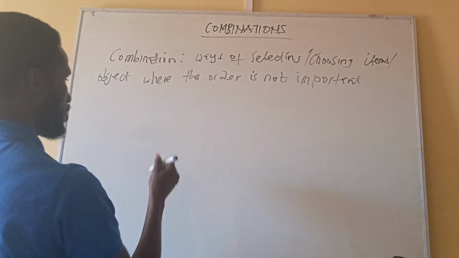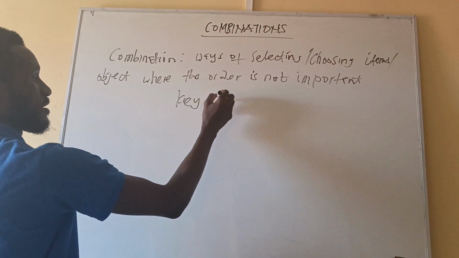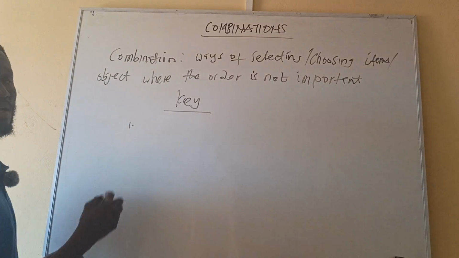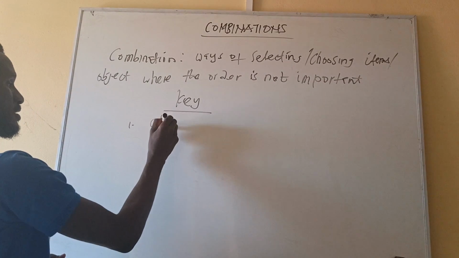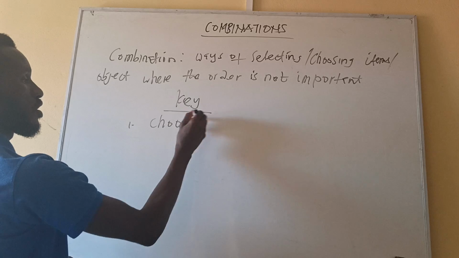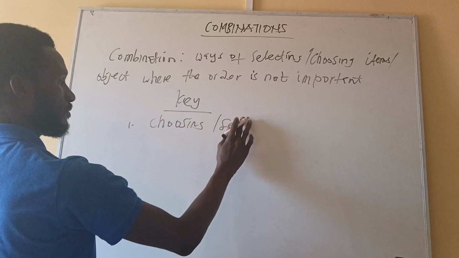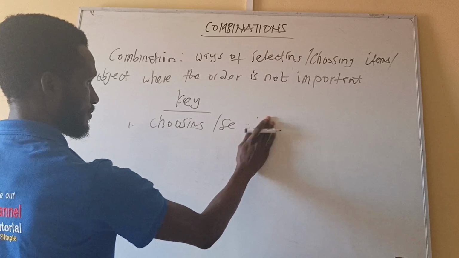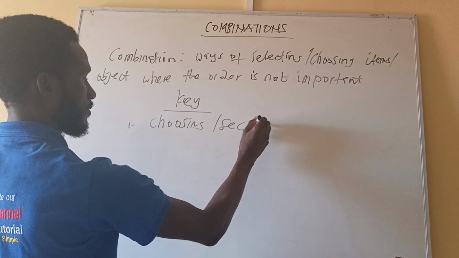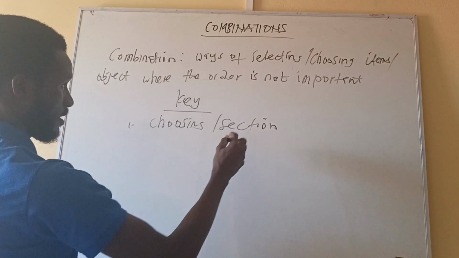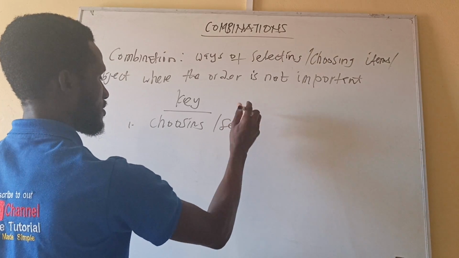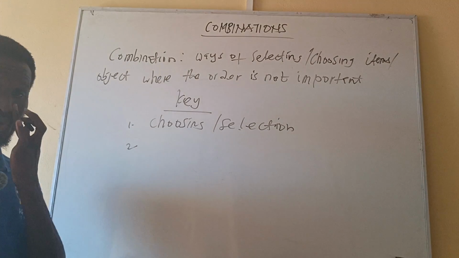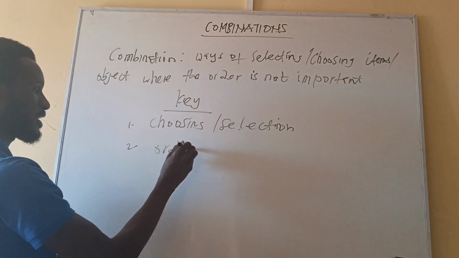The key things you need to know here are, one, combination is all about choosing, or selection. And two, order is not important.